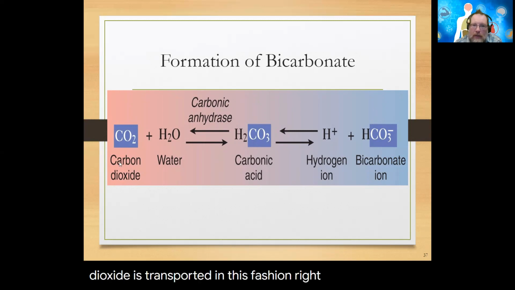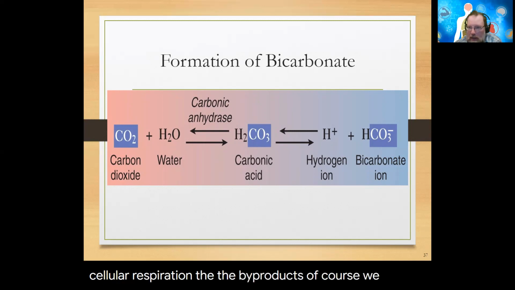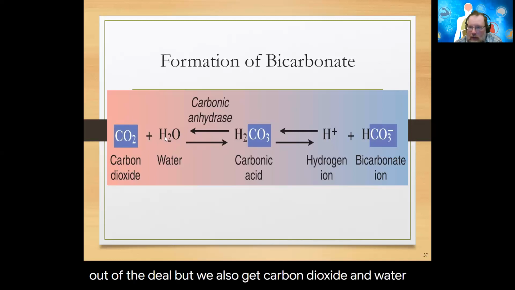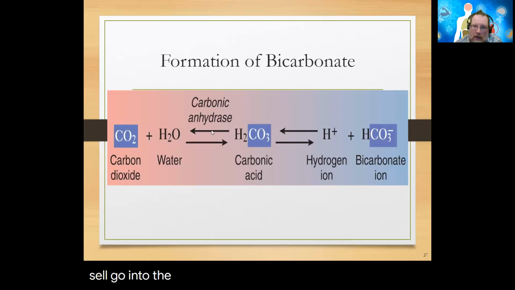So once carbon dioxide and water, remember these are the byproducts of cellular respiration. Mitochondria perform cellular respiration. The byproducts, of course, we get ATP out of the deal, but we also get carbon dioxide and water. Those are going to leave the cell, go into the interstitial space, and travel into the plasma of the blood.